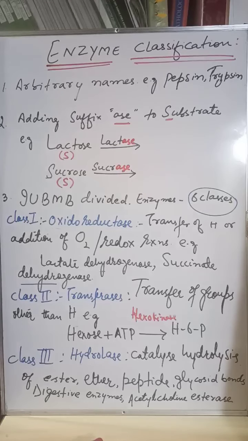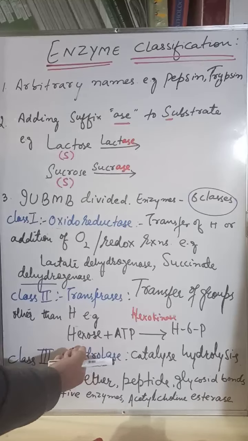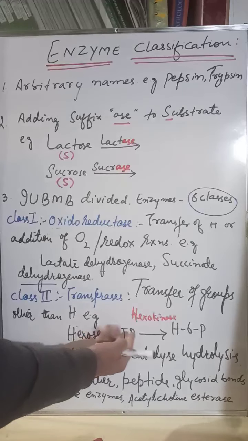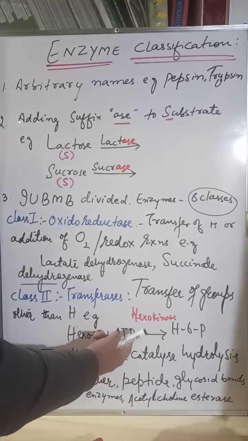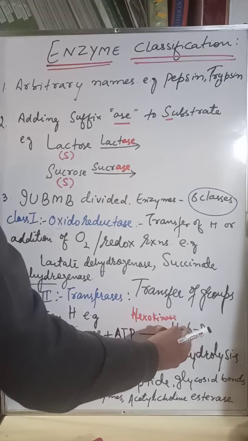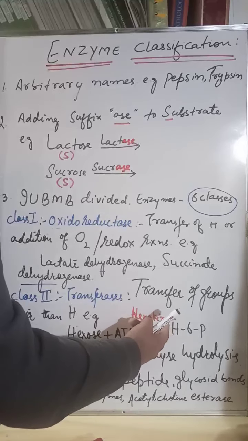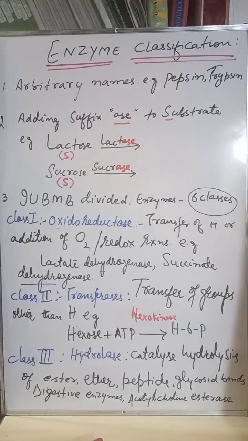Like there is an example: this is the first reaction of glycolysis. Hexose, here we will see glucose. Glucose is a hexose, a 6 carbon sugar, and there is an ATP. So one phosphate is transferred from ATP and given to the hexose, so it becomes hexose 6 phosphate. So the phosphate is transferred. That is the reason the enzyme is called hexokinase, and this hexokinase belongs to the second class, that is transferases.